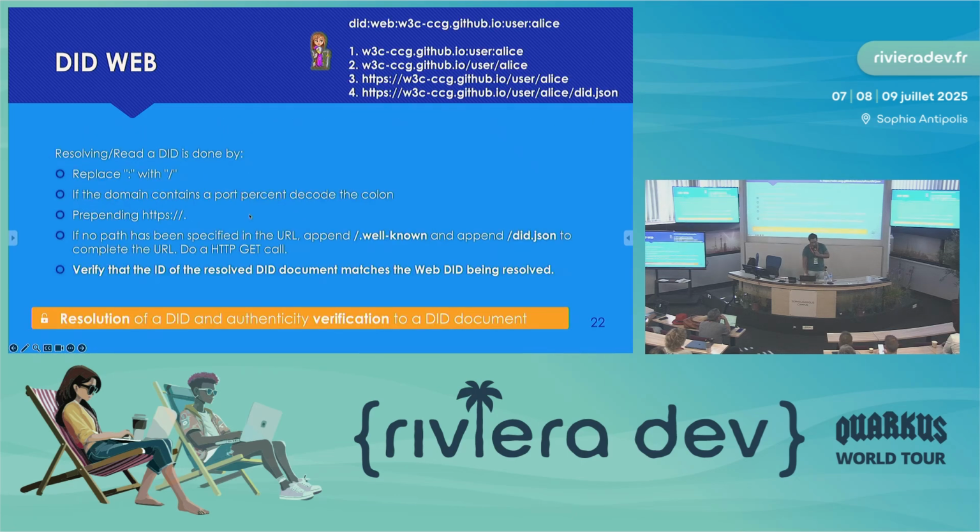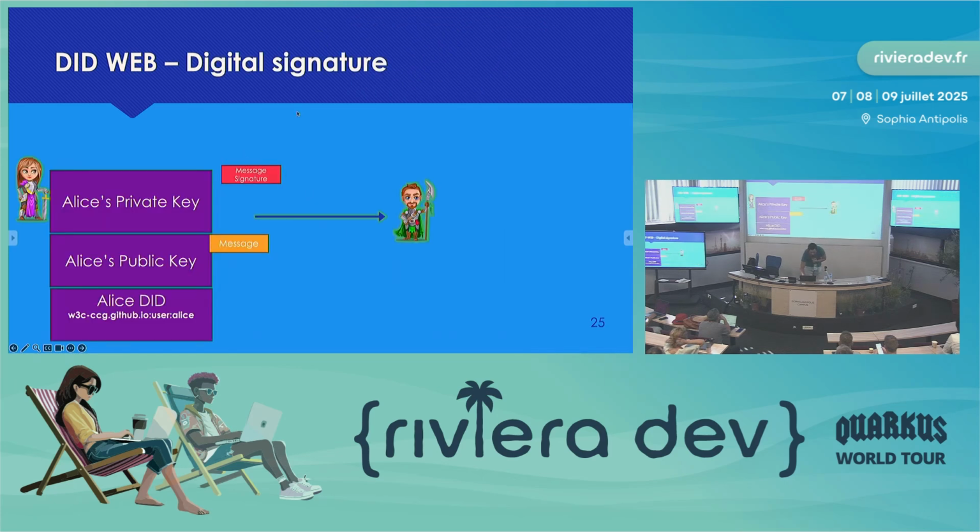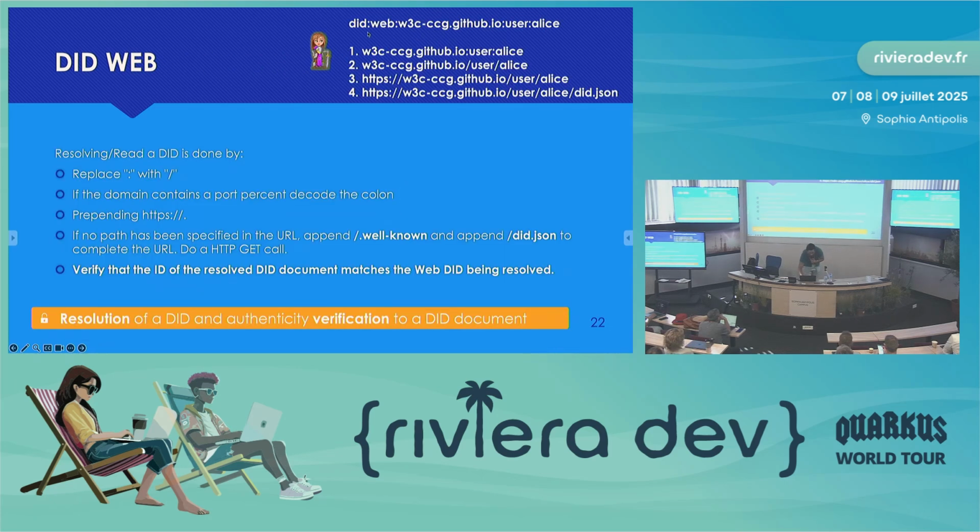How to resolve it? If you read down the documentation, it mentions how to resolve the public key. We go from this top: this is the DID for Alice. We convert it by removing DID web first. Then we replace the colon by slash. Then we add HTTPS in front. And then at the end, we append /did.json.